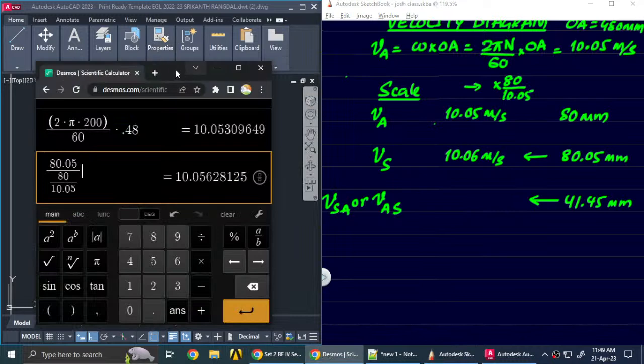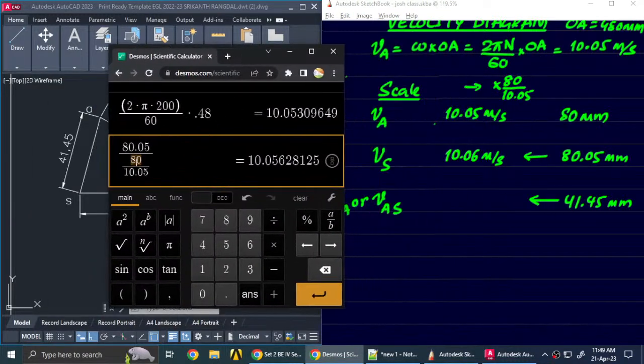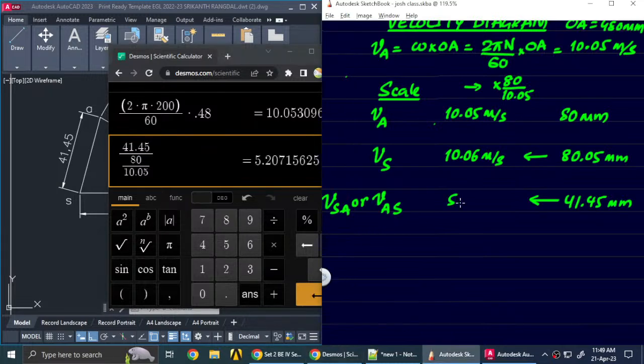So instead of this value we have to take 41.45, so we're getting 5.21 meter per second.